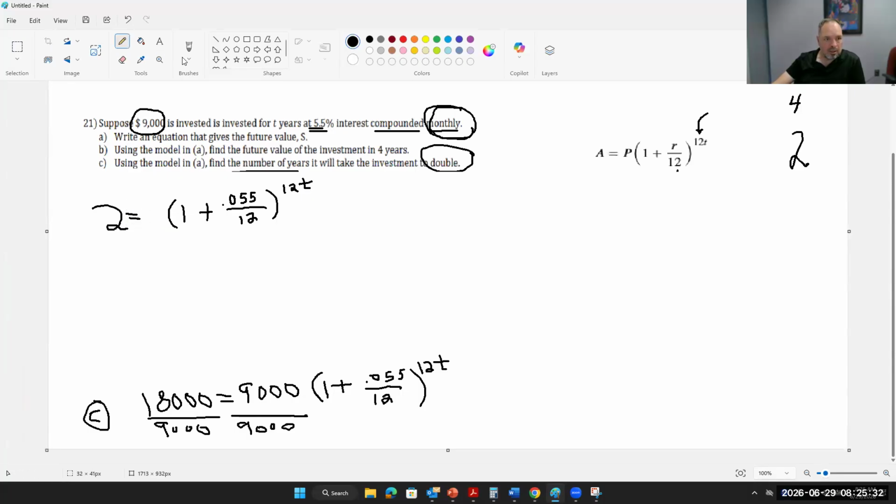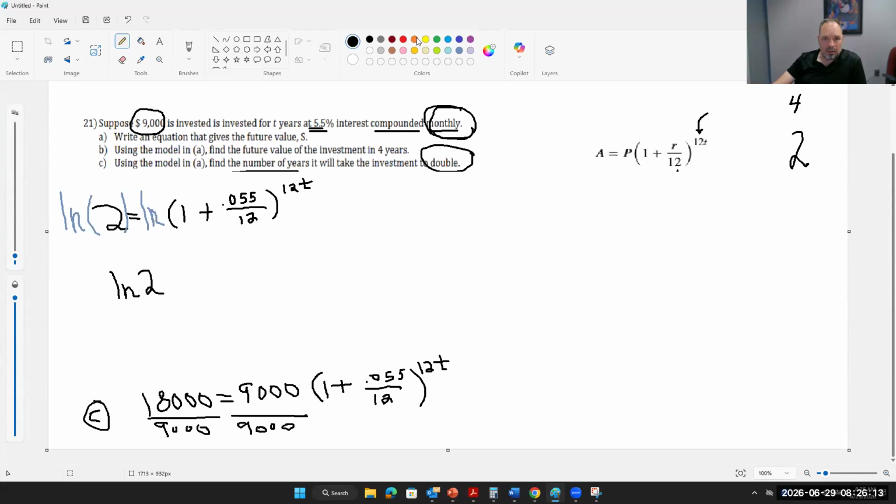I'm gonna take the natural log of both sides. So what that allows me to do, on the left, I still have the natural log of 2.